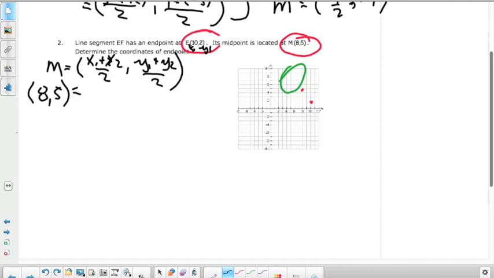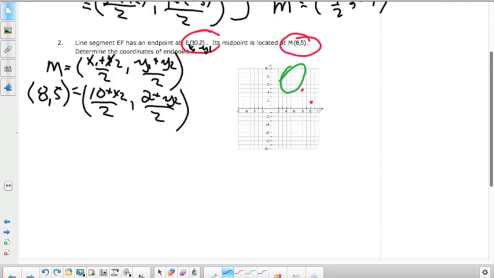So do I know my x1? Yes, it's 10. Do I know my x2? No. Do the same thing with y1. My y1 here is 2, plus y2 over 2.